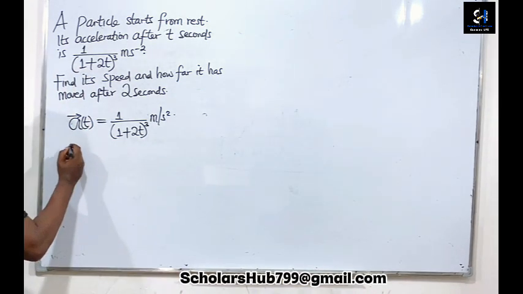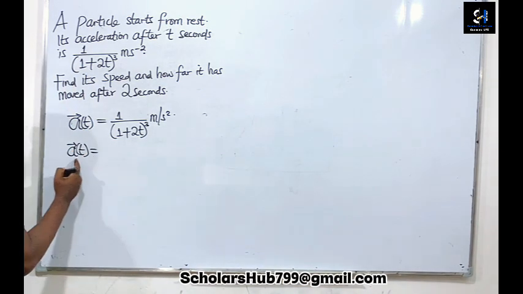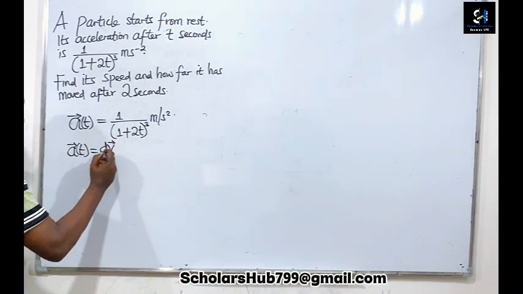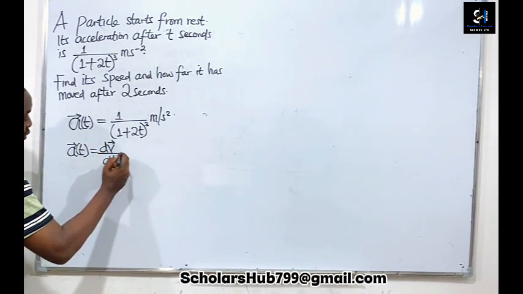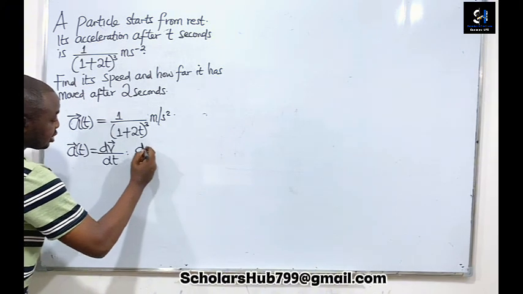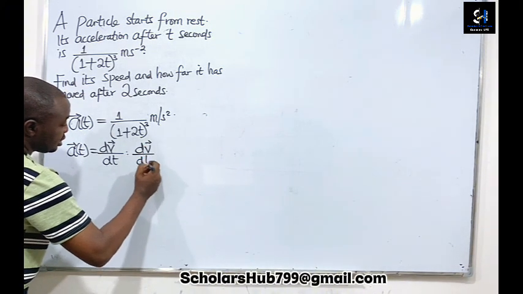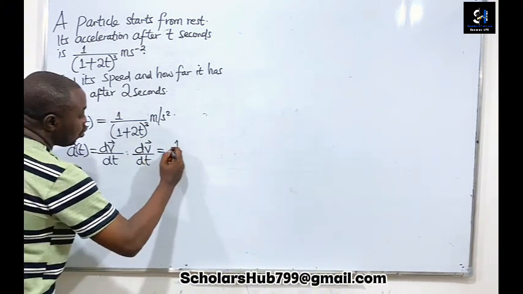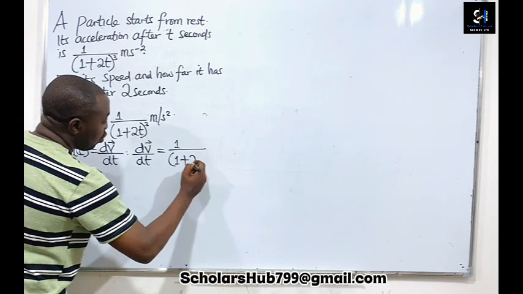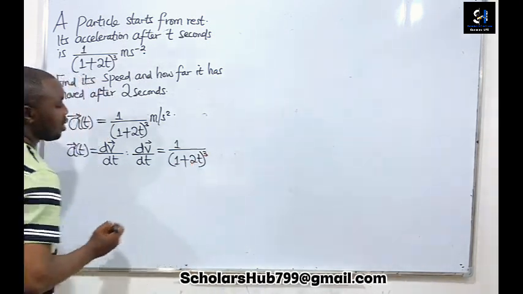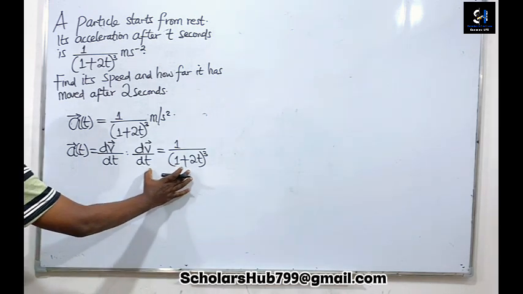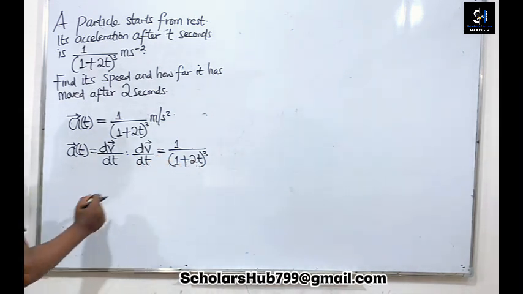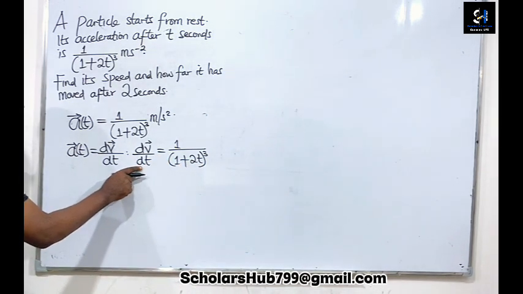So acceleration as a function of time t can be expressed as dv/dt. Which means that dv/dt equals 1 over (1 + 2t)^3. So I'm going to integrate both sides to get rid of dt.